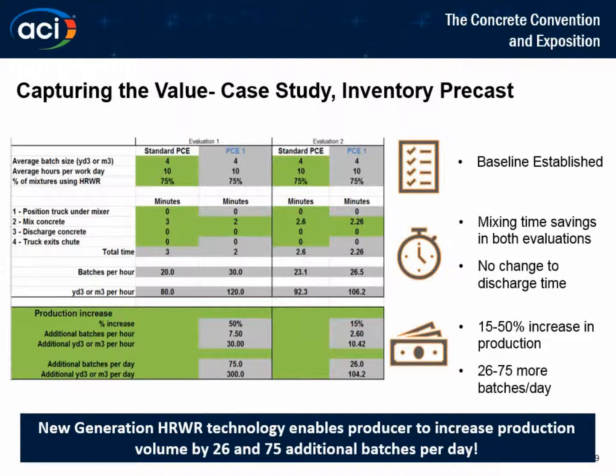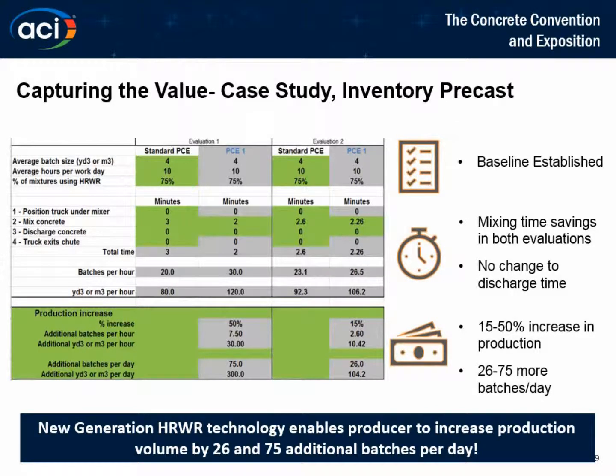The first design, they established what their baseline is with their standard PCE, and they ran many, many yards of this. Then they swapped in, changed nothing, simply swapped in the new faster dispersing PCE and measured how long it took them to batch this.